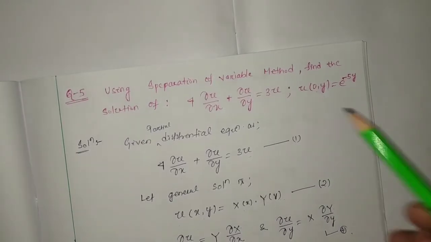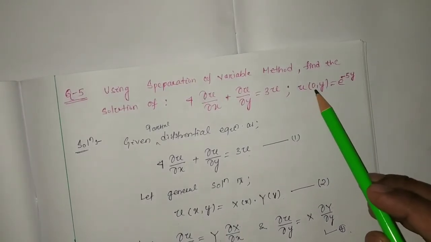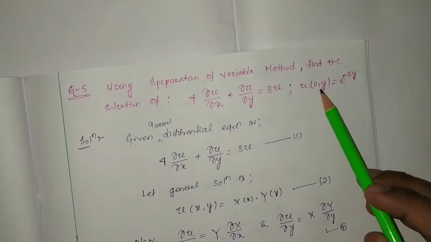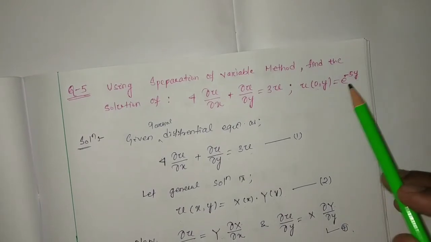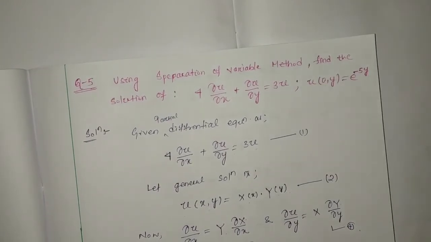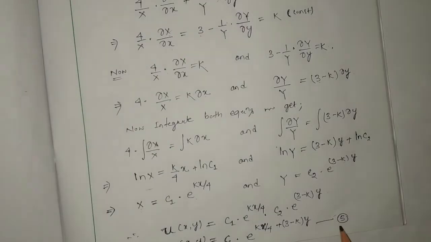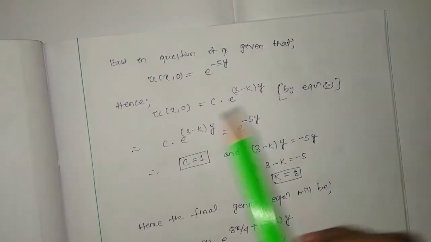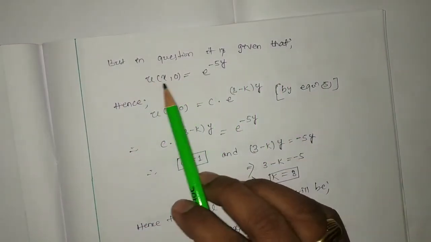Now, as per our given boundary condition, or initial condition, that x equal to 0, this will be e to the power minus 5y. We are going to use this in equation number 5 and equate. In the question it is given that this will be equal to this one.